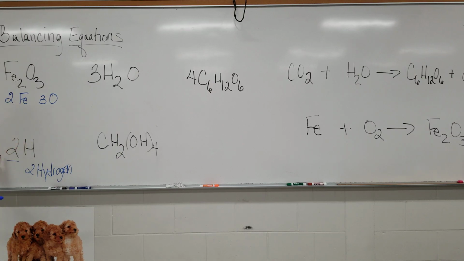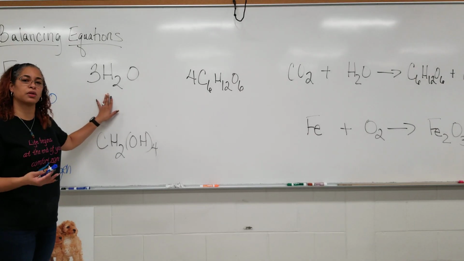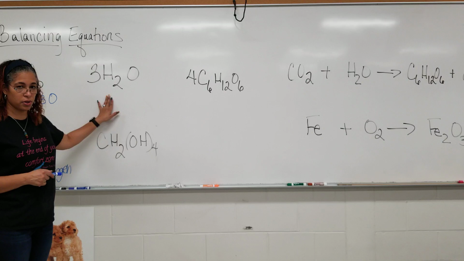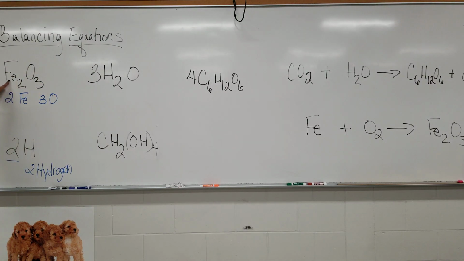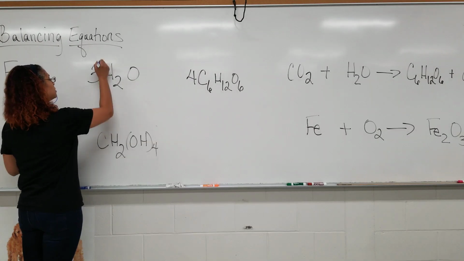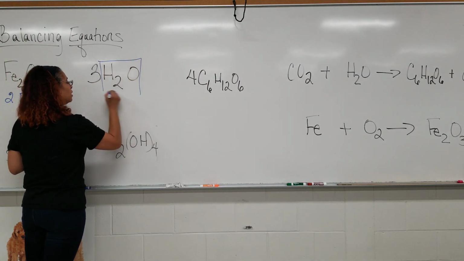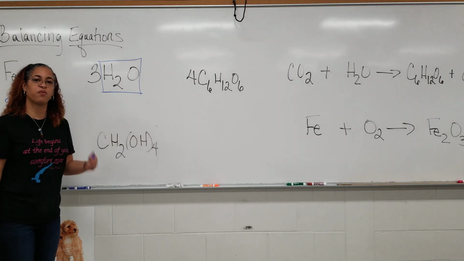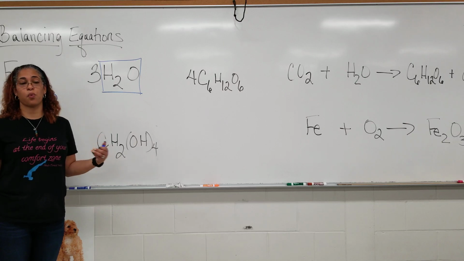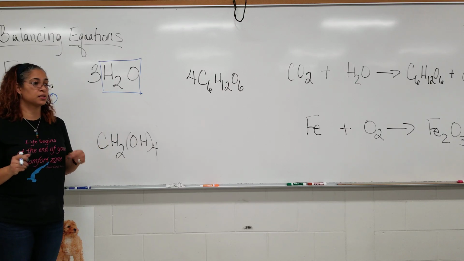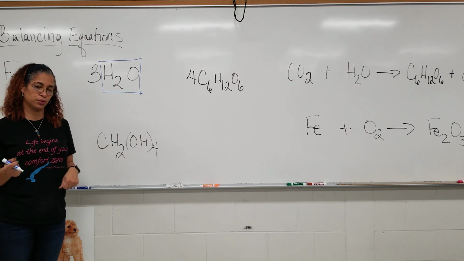Now we see again the coefficient, but this time it's in front of a molecule. Why is this important? Well, whereas here the subscripts are related directly to the element to the left of it, this tells us we have 3 molecules of water. So in order to build 3 molecules of water, if we were using our atomic kits, what would we have to do?